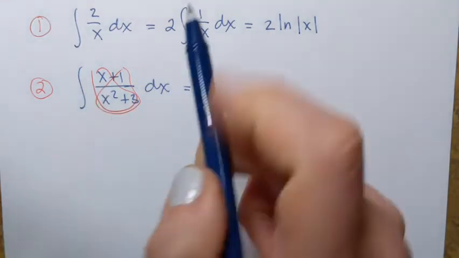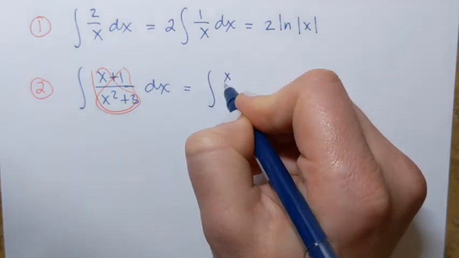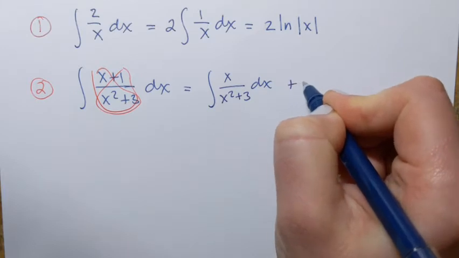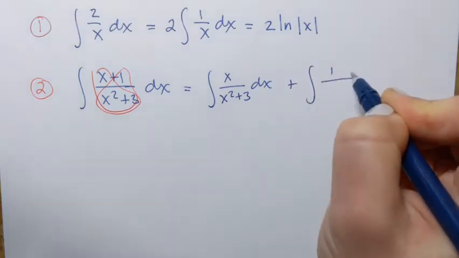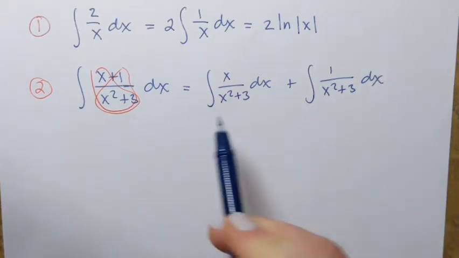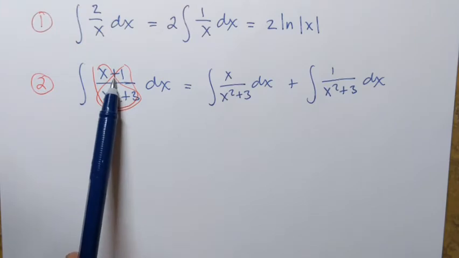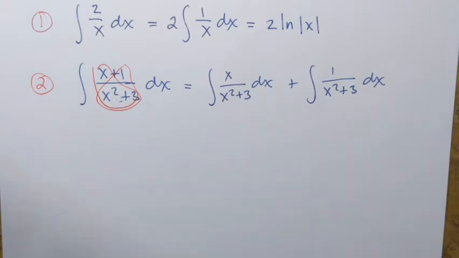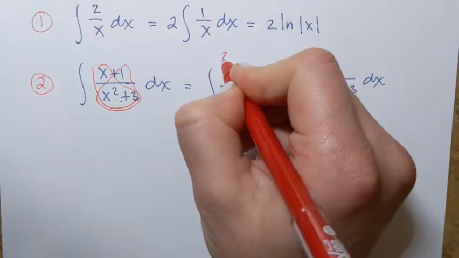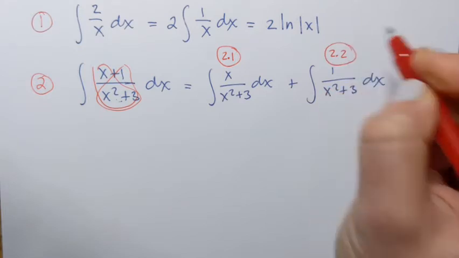So if we have a sum or difference in the numerator, we can split like that. So it's the integral of x over x squared plus 3 dx plus the integral of 1 over x squared plus 3 dx. Be careful, because you cannot do that over the denominator. The denominator cannot be split up, only the numerator. And that means that I have two more pieces here. I'm going to call them piece 2.1 and piece 2.2.